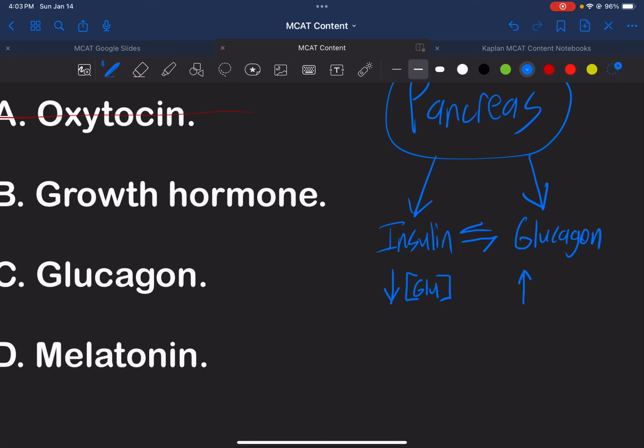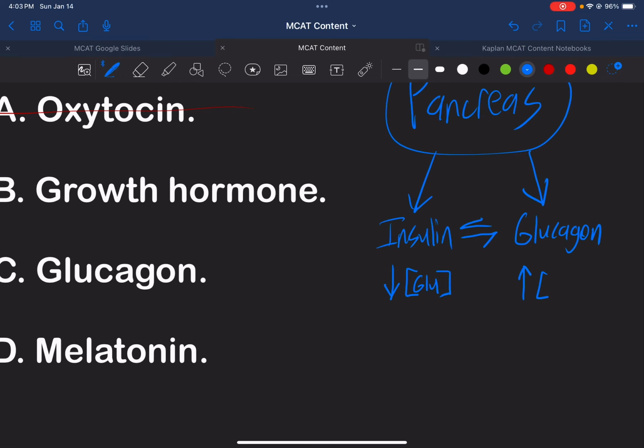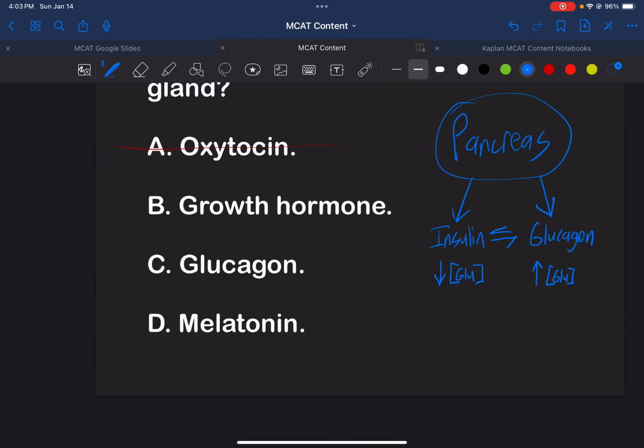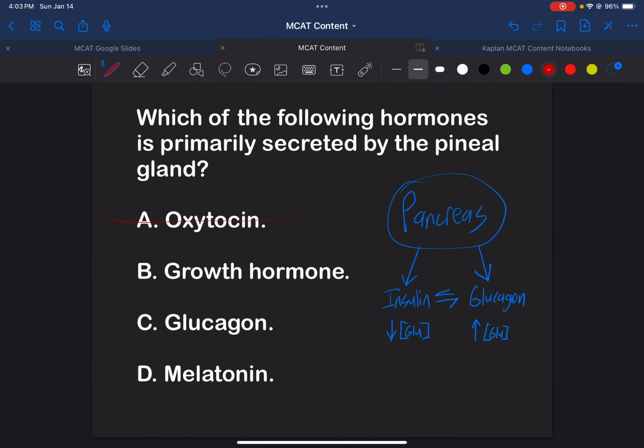It promotes the formation of glucose through certain means, or it may promote glycogenolysis. So regardless, in a lot of different ways, it acts to raise our serum glucose levels, so our extracellular glucose levels. All right. So because of that, we can get rid of glucagon.